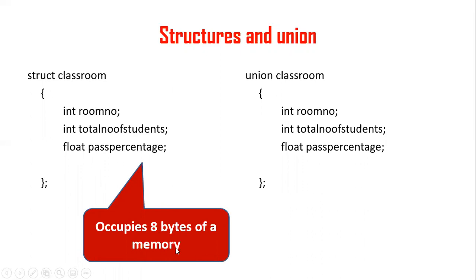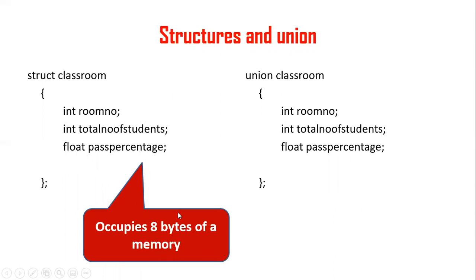Because to store an integer variable you need 2 bytes of memory, and to store another integer you need another 2 bytes, totally 4. Then to store a floating variable, you need 4 bytes. So 4 plus 4, 8 bytes of memory is required.